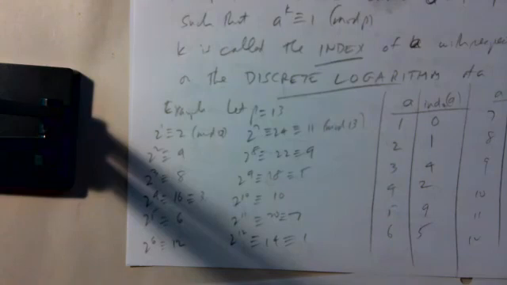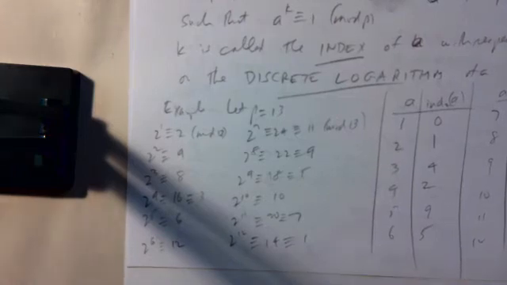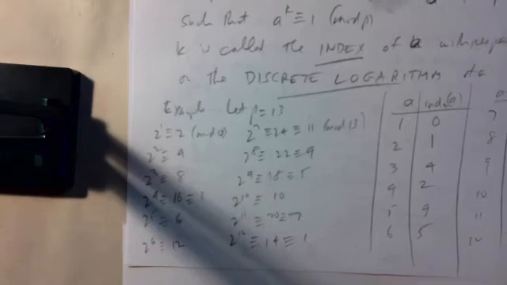A basic calculation, one that you have to do in homework and that you'll have to do on the exam certainly, is given a prime p, find a primitive root, find all the primitive roots, and with respect to some particular primitive root, find the index of every non-zero congruence class.